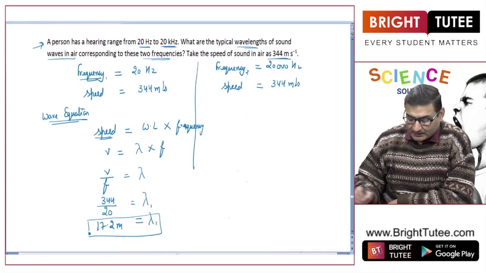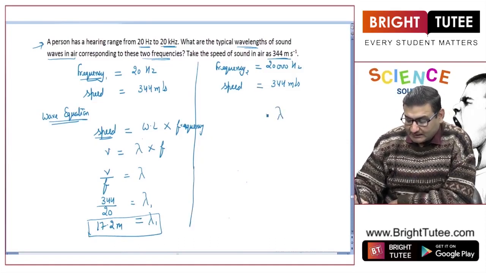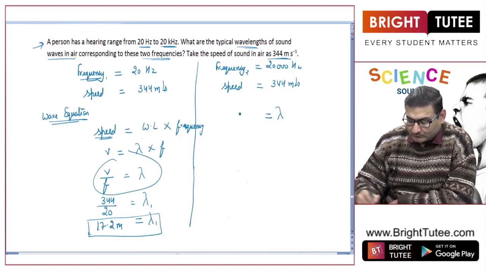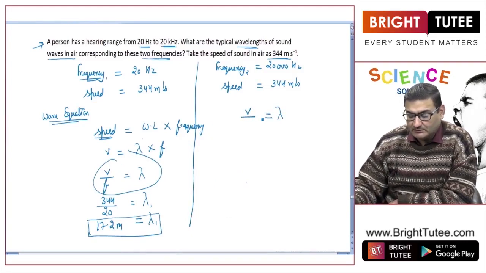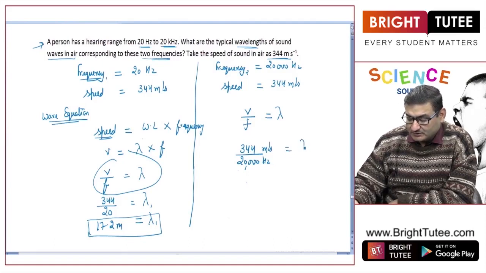Got it? Talking about the second part, we will calculate lambda here also with the same formula. It is equal to speed over frequency. The speed is the same, 344 meter per second, and the frequency now is 20,000 Hertz. Right? So, calculating it, I'll get the value to be 0.0172 meter.